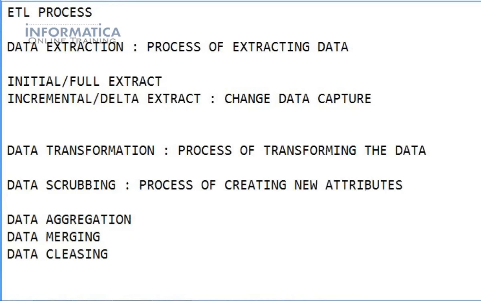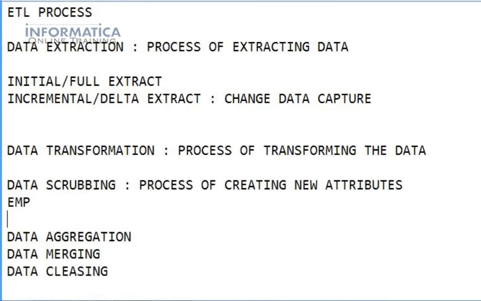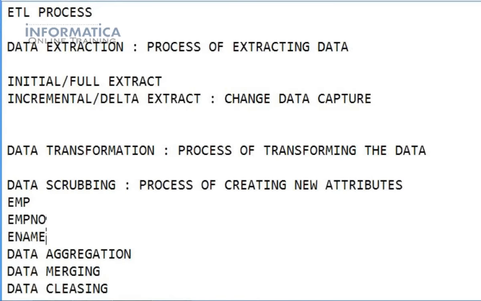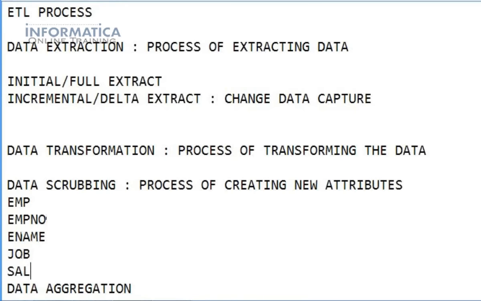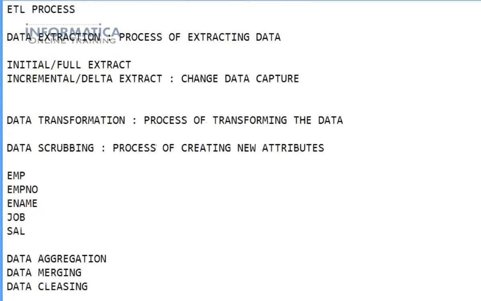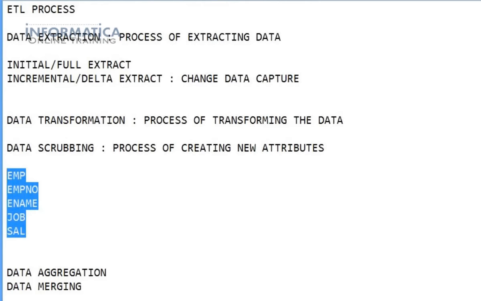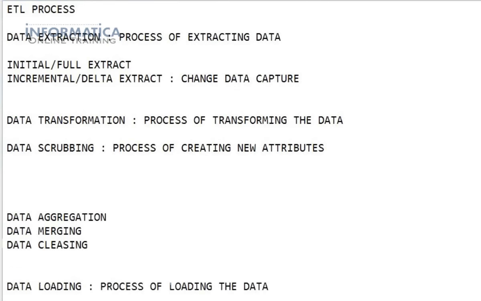Let us say you have an employee table with employee number, employee name, job, and salary. These are the 4 ports that we have in the employee table. Let me show it in brief.